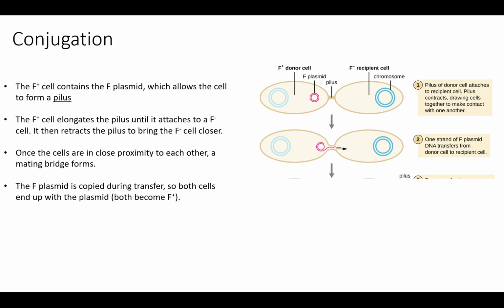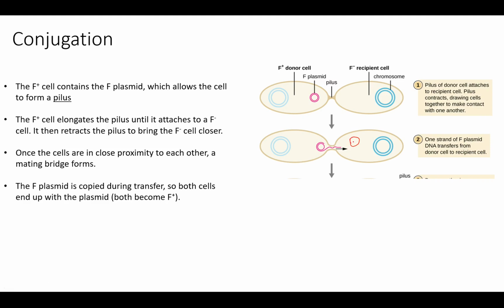Instead, one strand of the F plasmid is cut, like you see in the image, and it's fed through that pilus. And what's going to happen is a copy of that single strand that's going to get transferred through the mating bridge is going to undergo DNA replication. In fact, that's going to happen on both sides, right? Because ultimately, the recipient cell is going to get a single copy of it.